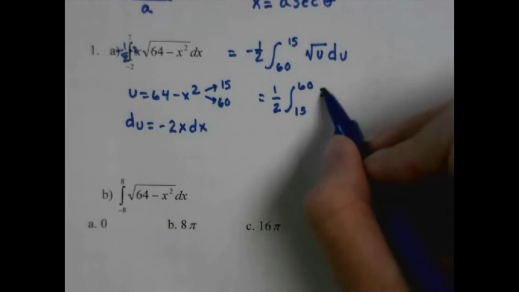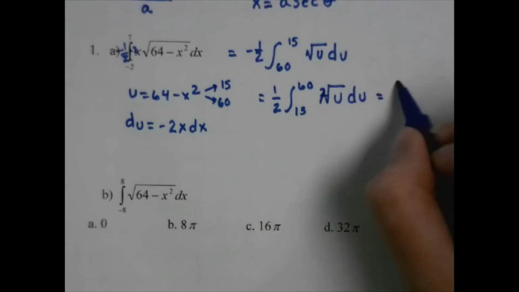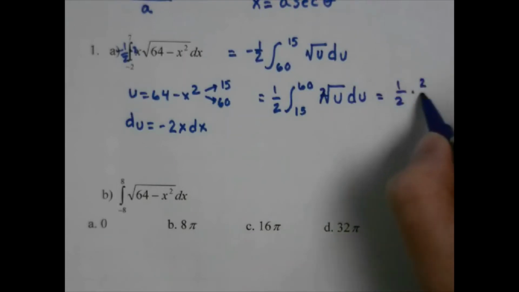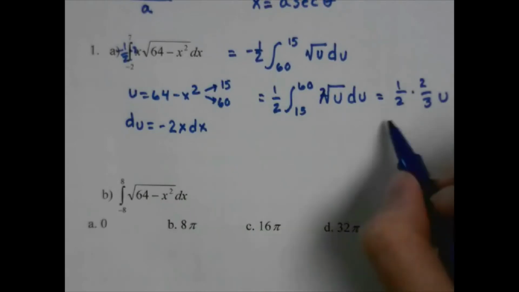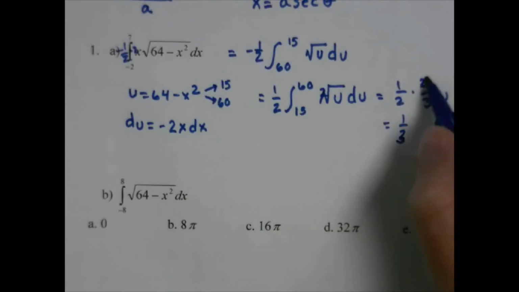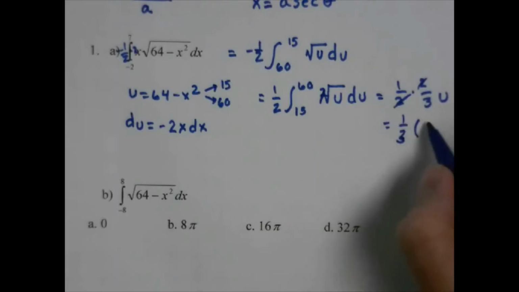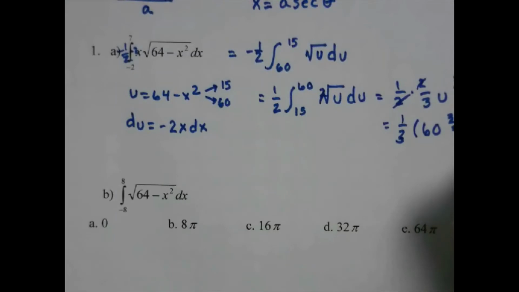This is going to be the square root of u. So that is 1/2 times 2/3 u to the 3/2. So that will be 1/3 when we cancel those 2's. 60 to the 3/2 minus 15 to the 3/2.